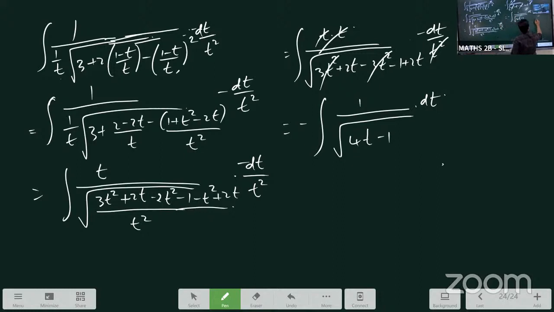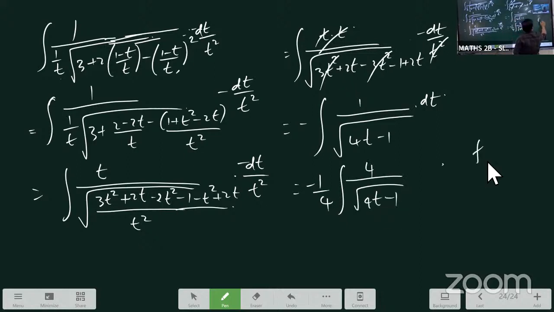Now it is in the form of some minus 1 by 4, right? Minus 1 by 4, and 4, you multiply and divide with under root of 4t minus 1. Now f dash of x by root f of x, integration is 2 root f of x.